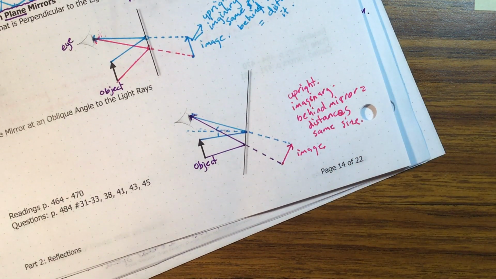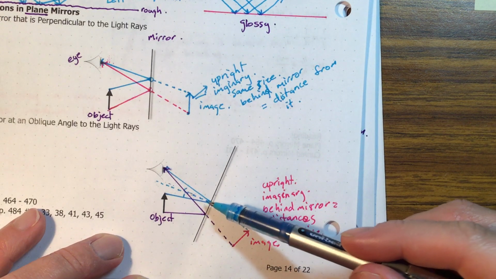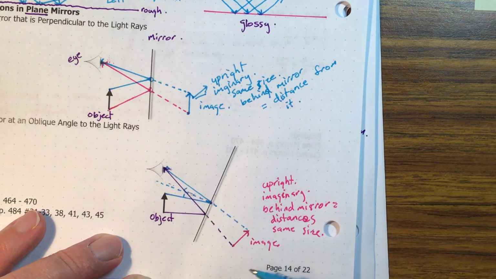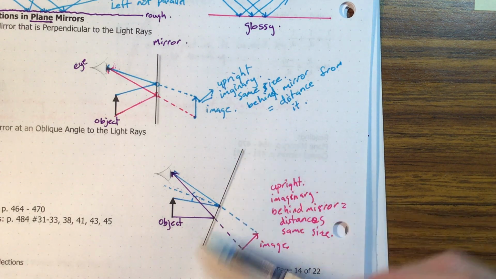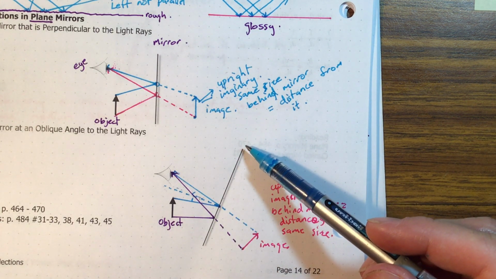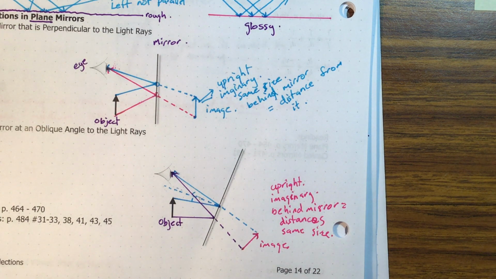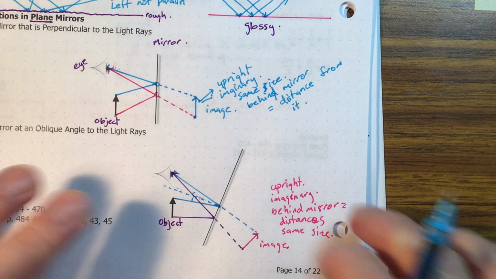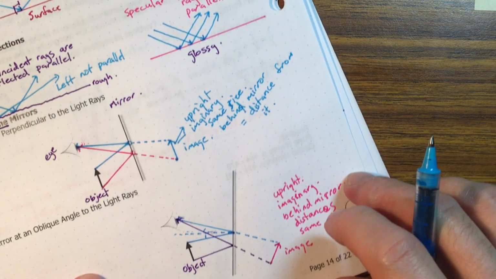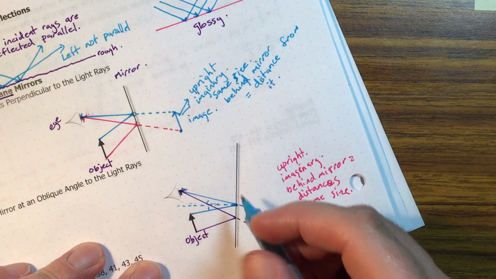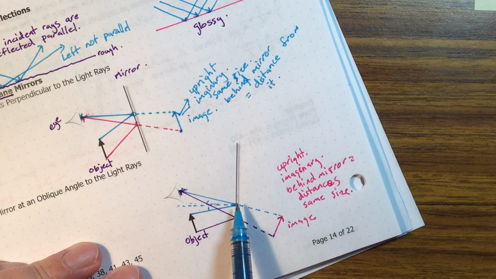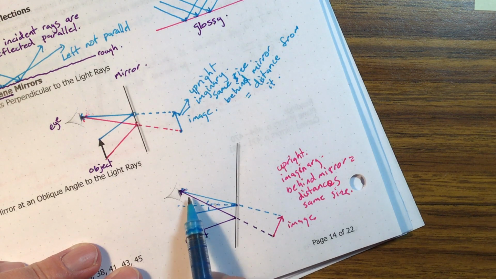Right, and you can see here that our angle of incidence equals our angle of reflection. It's just hard to figure that out sometimes when the mirror is at an angle. All right, so also if we turn our mirror so that it's perpendicular, we'll notice that this is halfway between these 2 points.